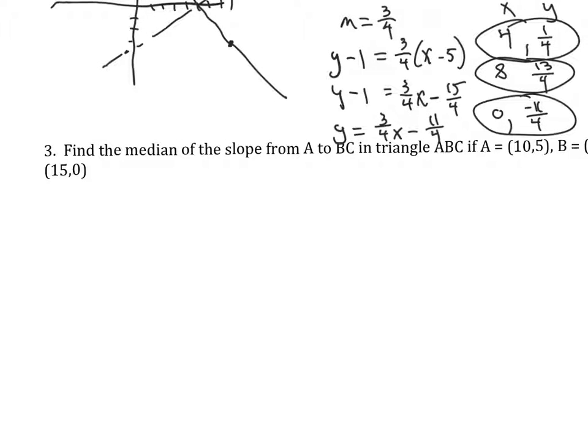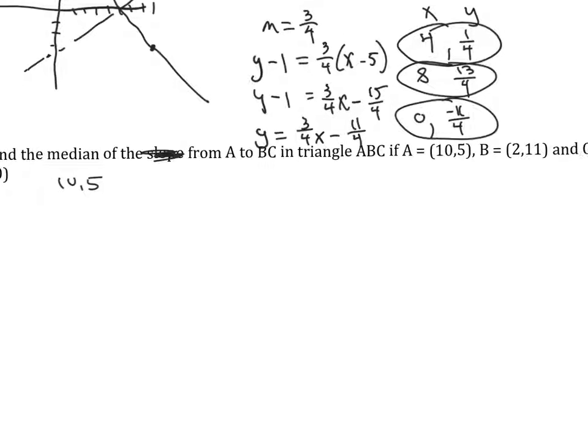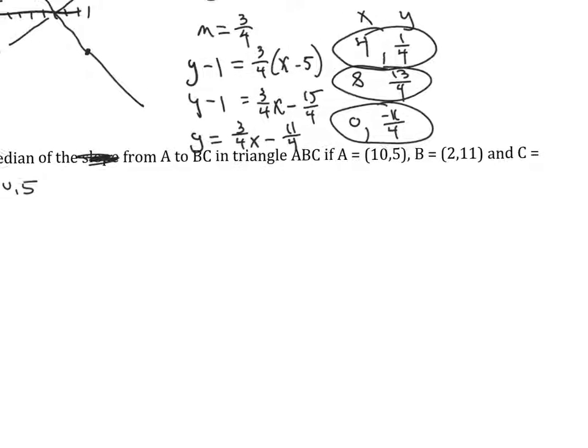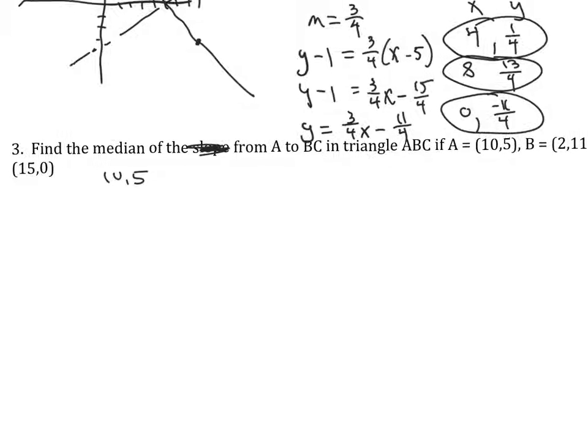So again, this should say find the equation of the median from A to BC. That's not what it actually said, but the median from A to BC goes from A = (10, 5) to the midpoint of B and C, where B is equal to (2, 11) and C is equal to (15, 0).